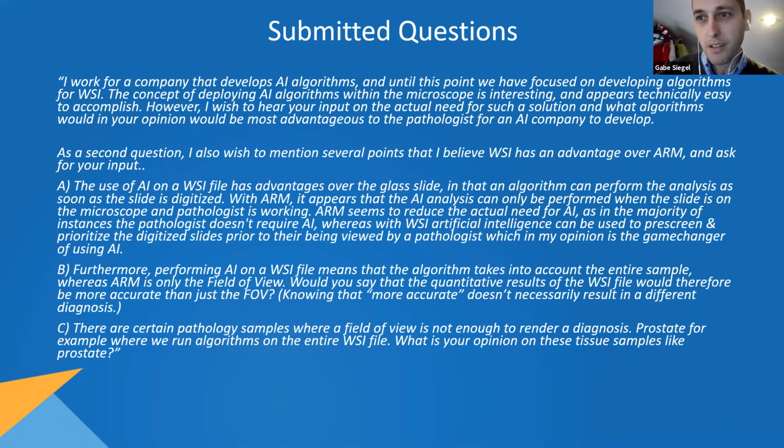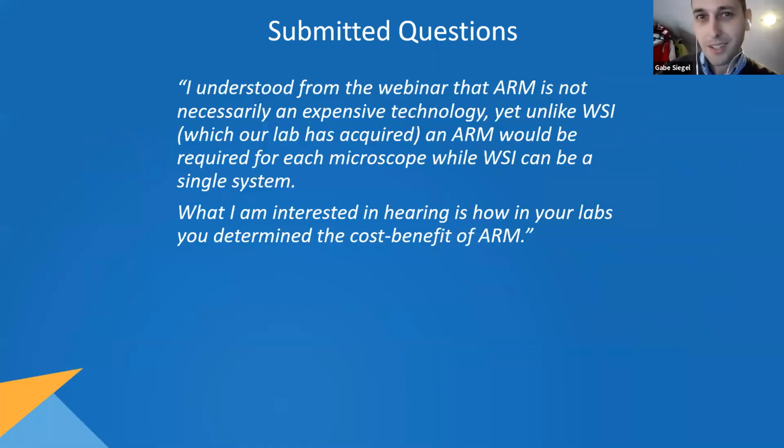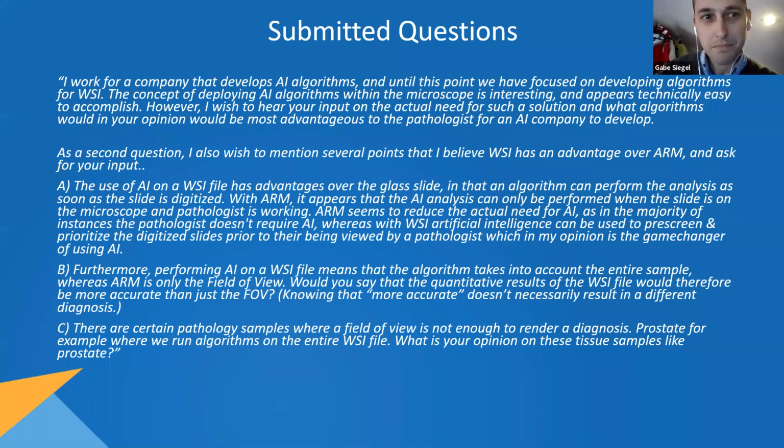Maybe I'll stop there, or do you think we should just say the entire question? Yeah, read the whole question and we can answer them. Okay, so as a second question, I also wish to mention several points where I believe WSI has an advantage over ARM, and I'd like to receive your input. The use of AI on a WSI file has advantages over the glass slide, in that an algorithm can perform the analysis as soon as the slide is digitized.